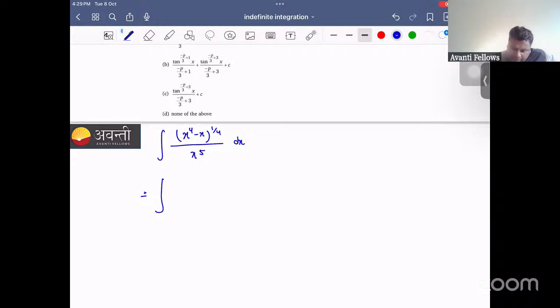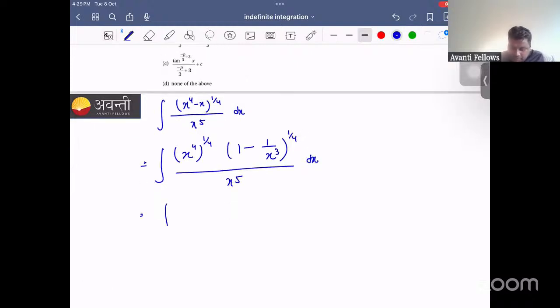If you take x^4 common from the bracket, you get x^4 times (1 - 1/x^3) raised to the power 1/4, upon x^5 dx. Am I correct? So with this you get (1 - 1/x^3)^(1/4) divided by x^4 dx. This is what I got.